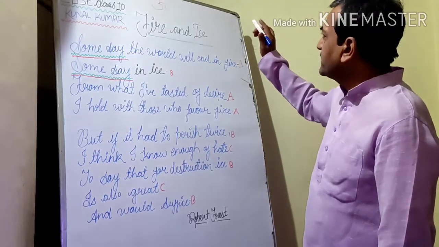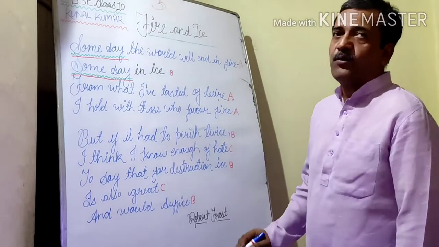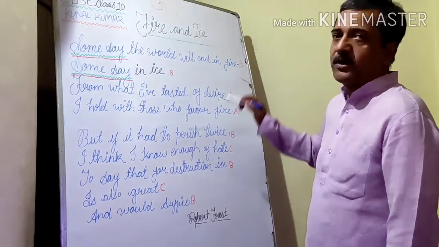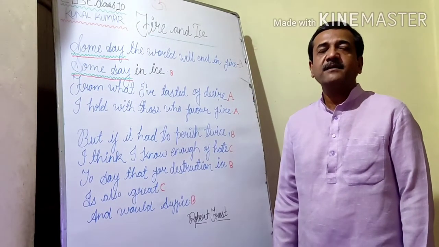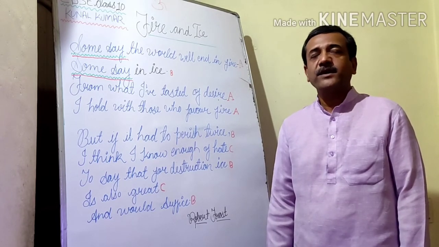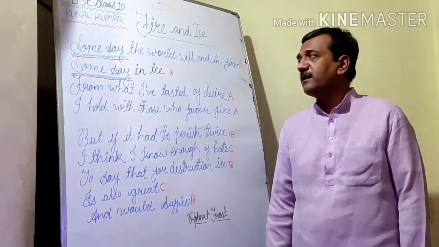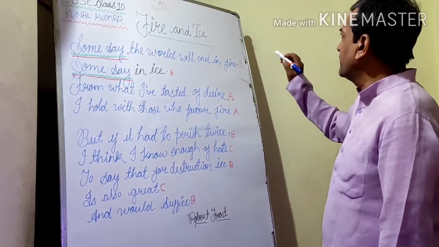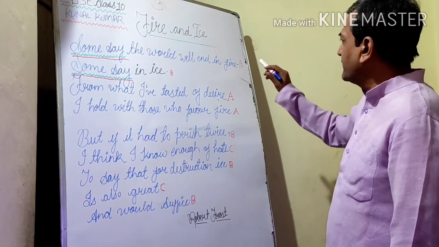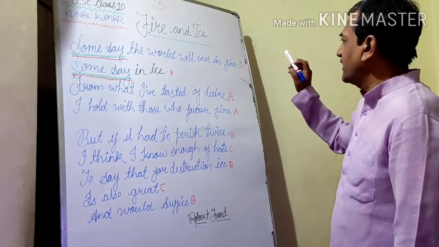Now let's discuss the structure of the poem. The structure of the poem is very important to understand what ideas the poet wants to convey and why, through the rhyme scheme used in this poem. This poem has 2 stanzas.